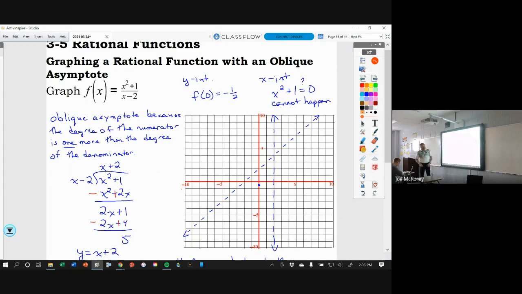I just need some values. I need to figure out what f of 1 is. Let's get further away. Let's go to negative 10.